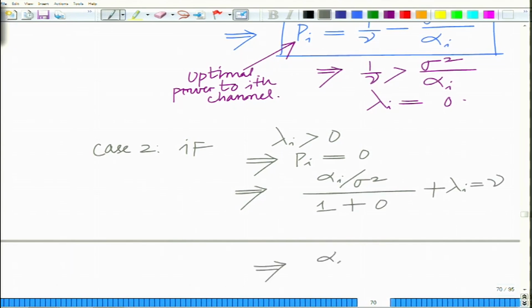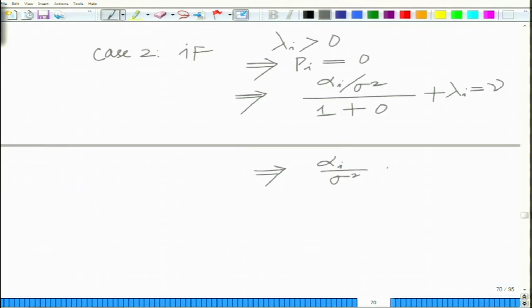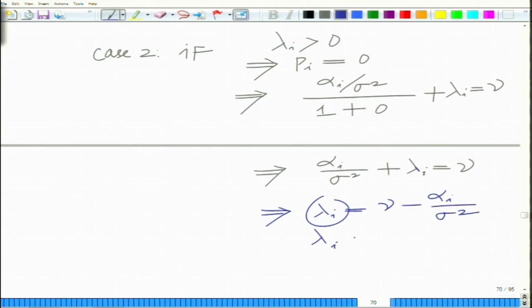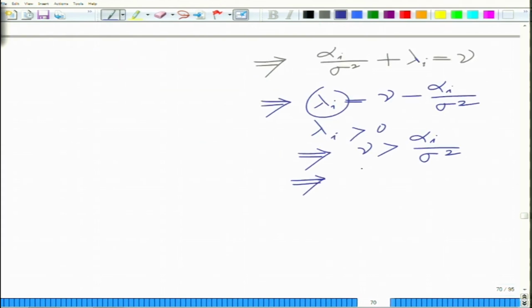So, this implies alpha I by sigma square plus lambda I equals nu, which implies that lambda I equals nu minus alpha I by sigma square, and lambda I is greater than 0, which implies that nu is greater than alpha I by sigma square, which implies also that 1 over nu is less than sigma square divided by alpha I.